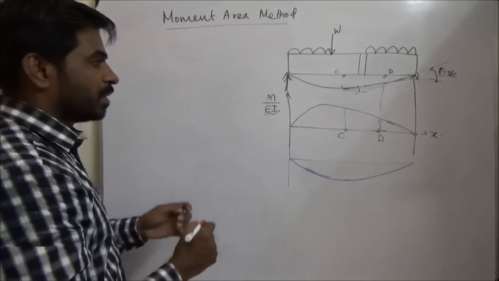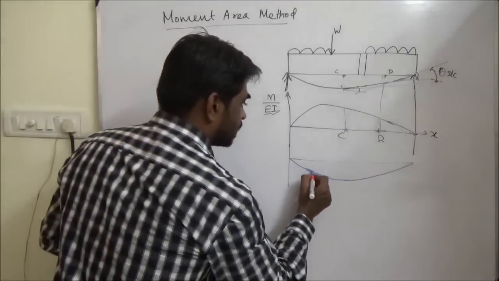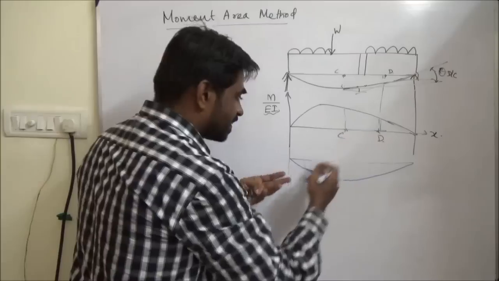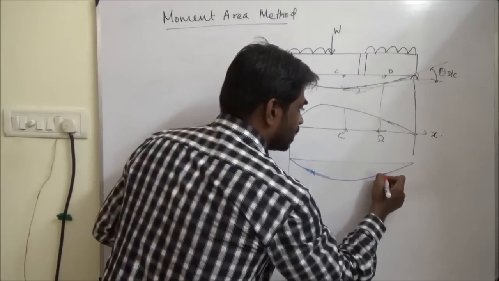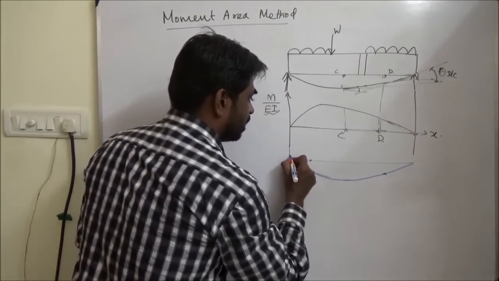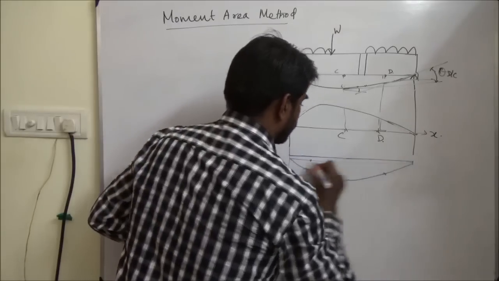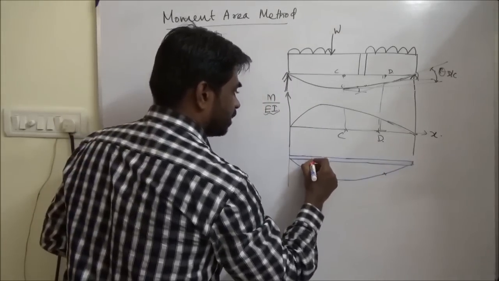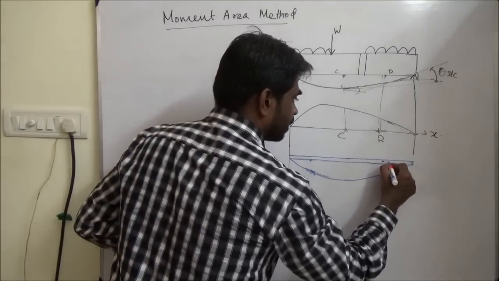Okay, so let us take 2 points, maybe the same point we can take. Let us take 2 points C. So this is the beam, okay, C and D.